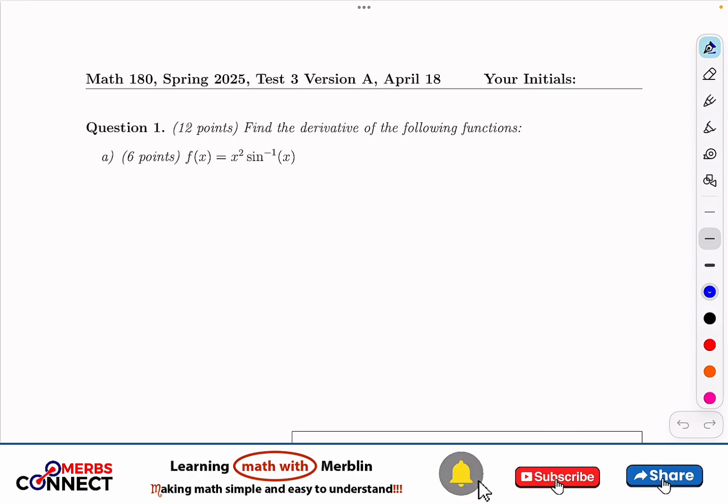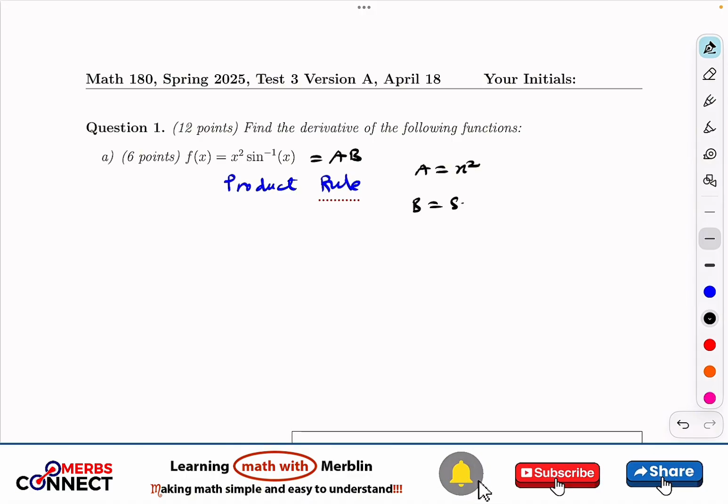The first thing that we need to keep in mind here is that we are going to use the product rule. That's very important. So I'm going to say this is equal to AB, and I'm going to choose my A to be x squared and my B to be sine inverse of x.